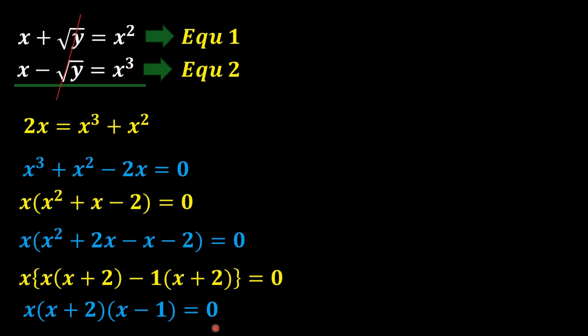Now in the next step, we should equate these three factors equal to 0, and we will get x is equal to 0, x minus 1 equal to 0, and x plus 2 equal to 0. This is the direct value for x, but here we should find the value of x. How?